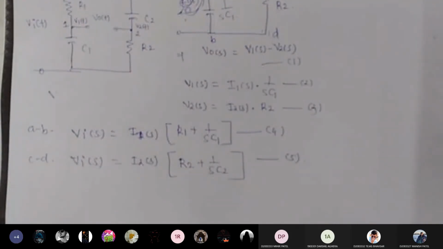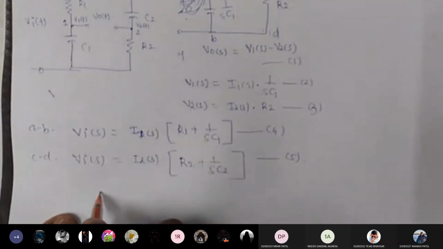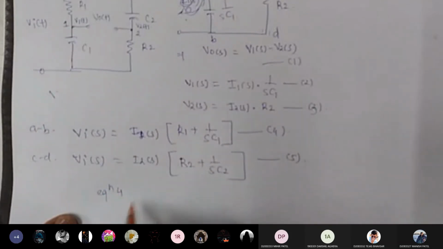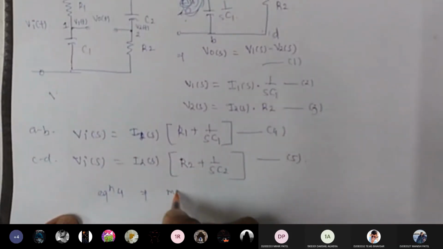Now what you will do? You will take equation 4 and make I1S the subject.